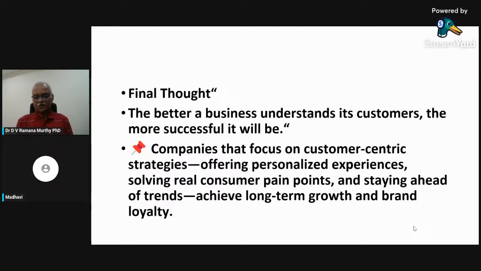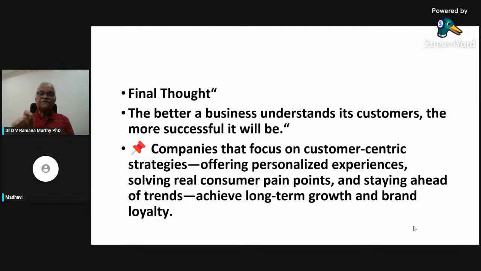And the final thought before we close is: the better a business understands its customers, the more successful it will be. There is no other alternative. We have already seen companies that focus on customer centric strategies only can go good.